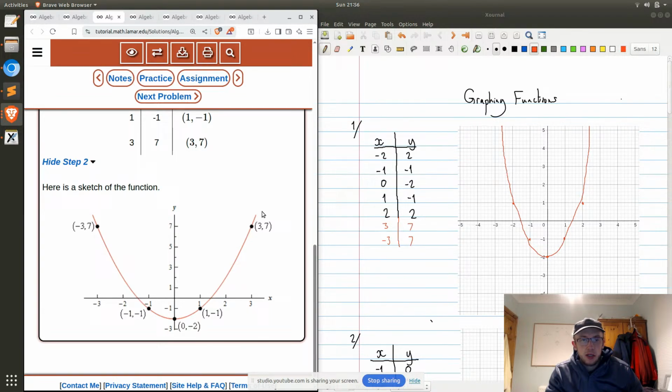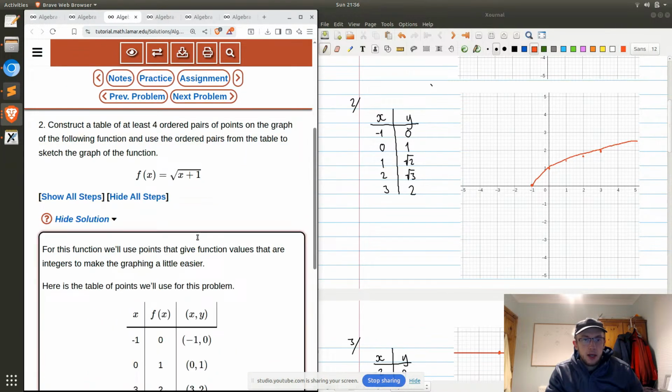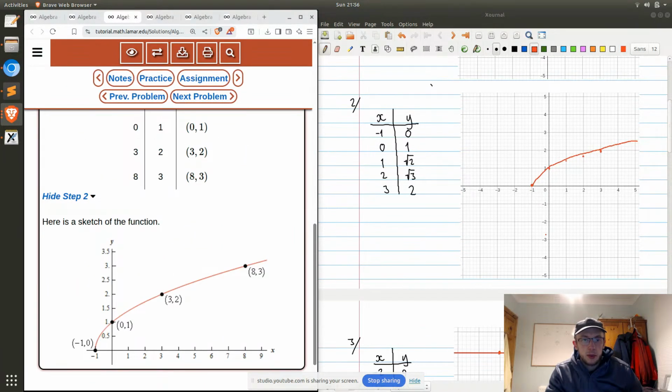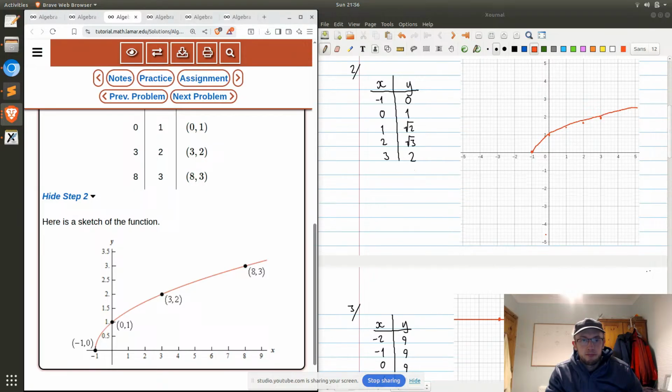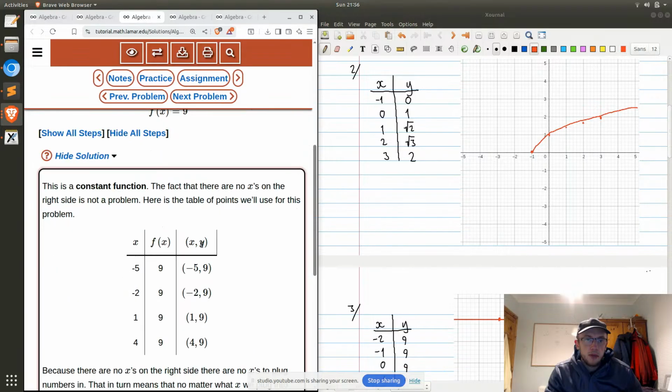They did it symmetrically as well. That's nice. And here, we are also in agreement. They appear to have gone through points that actually output whole numbers, which I like. And notice that they had axes that don't necessarily have equal markings. But nonetheless, we agree. This is a constant function, just as I stated.